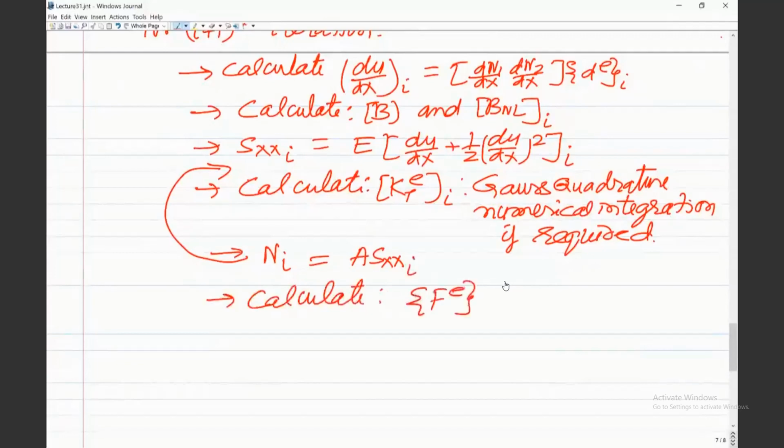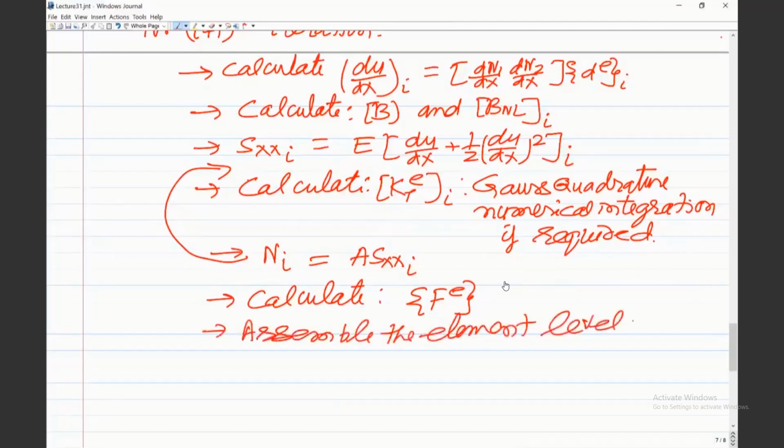and then you assemble the element level governing equations and impose the boundary conditions. Next step would be to assemble the element level governing equations and impose boundary conditions.